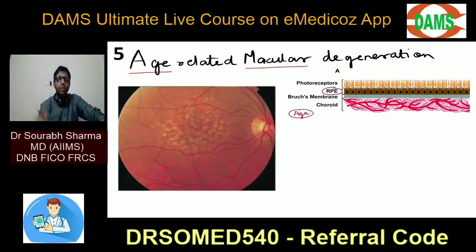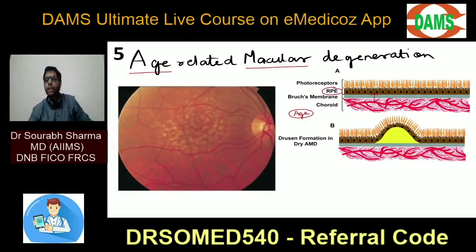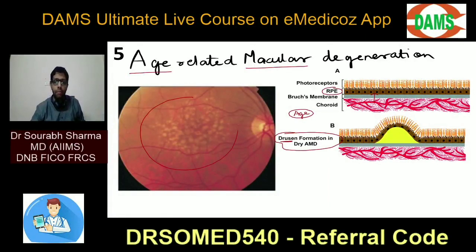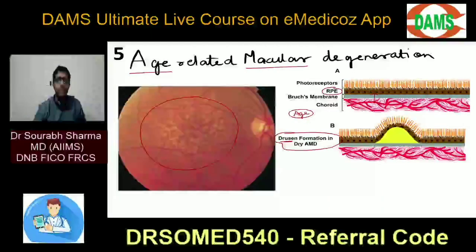The lipofuscin end products usually go from the choroid into the retina and go out of the eye. But with age, what happens? They accumulate in the RP layer. That accumulation is known as drusen, which you can see deposited in the macular area, yellow deposits in the macular area.